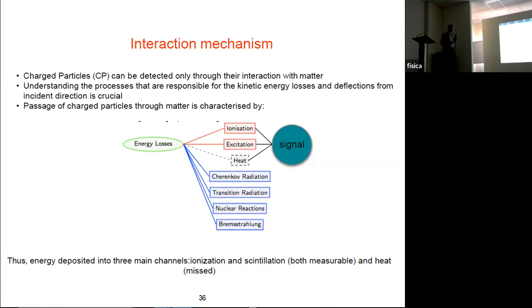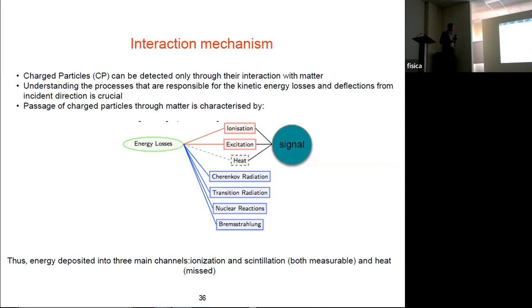When the particle passes through matter, specifically a charged particle, its energy losses can be divided into several categories, but the main category is ionization, and we have ion and electron pairs along the track of the particle passing through matter, and excitation, when atoms, through interaction with the particle, can go to an excited state.